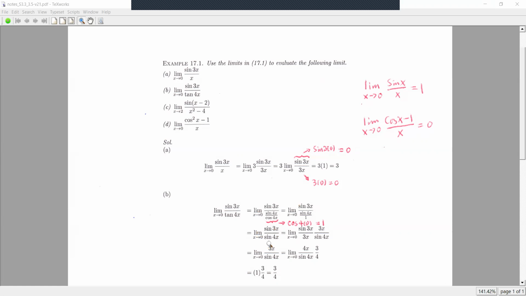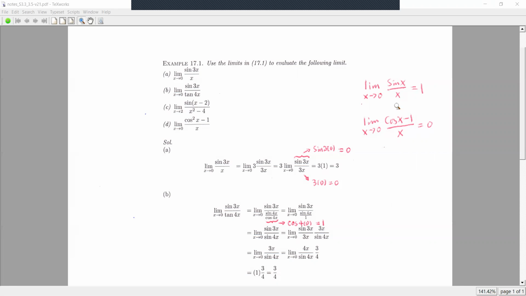Now, to find this limit, we write the function as this function. As x approaches 0, 3x approaches 0. Sine of 3x approaches 0.